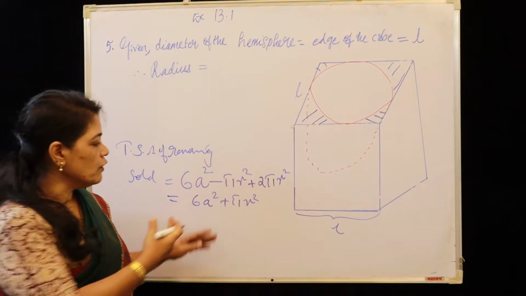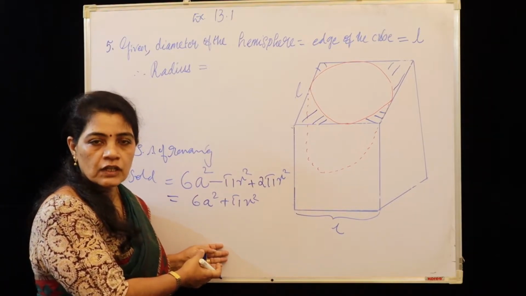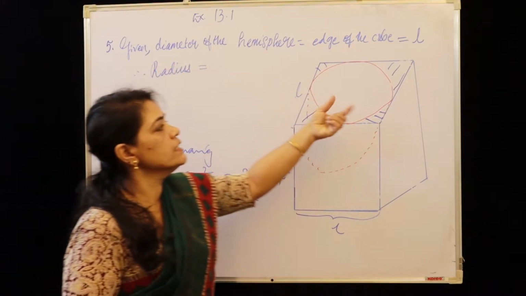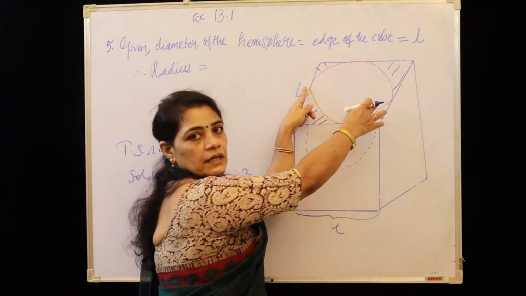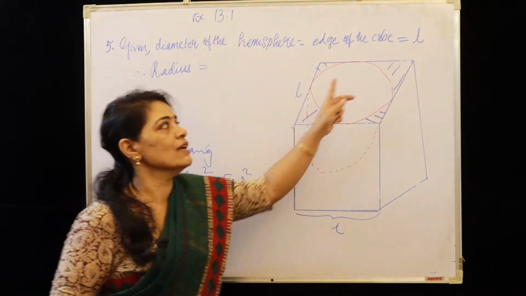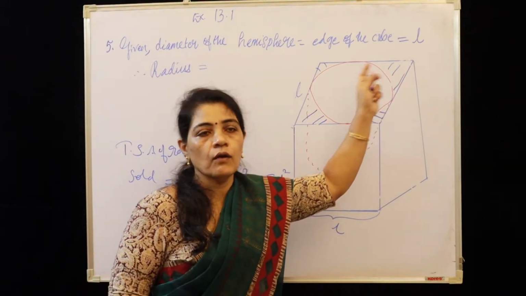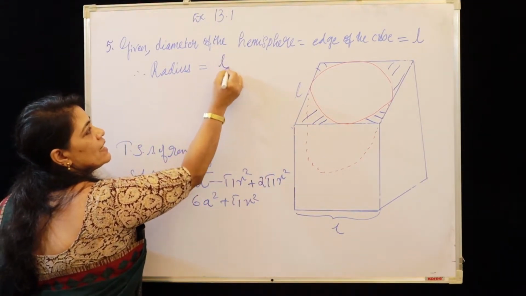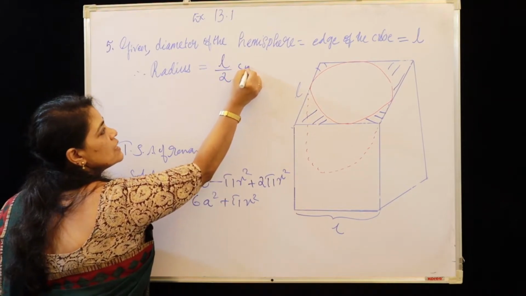And for calculating the total area of the remaining solid, we are given the diameter of the hemisphere. This diameter is equal to the edge of the cube, which is given as L. So if d equals L, the radius is L by 2 centimeter.